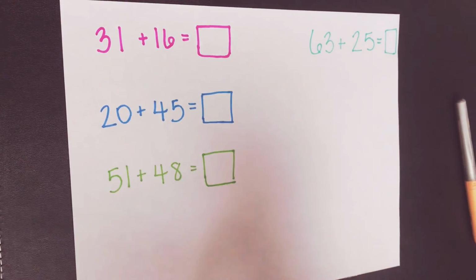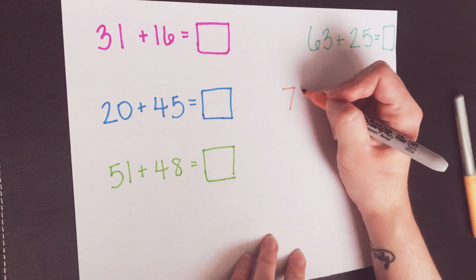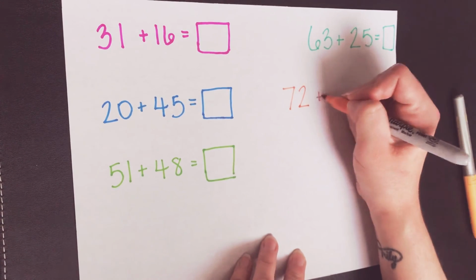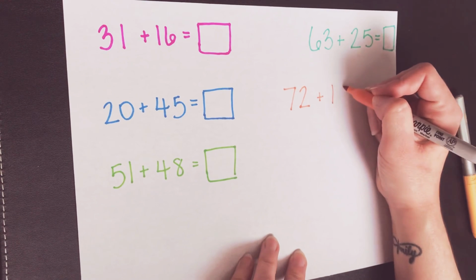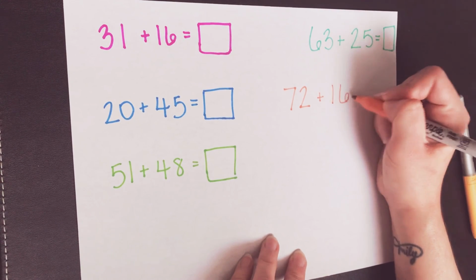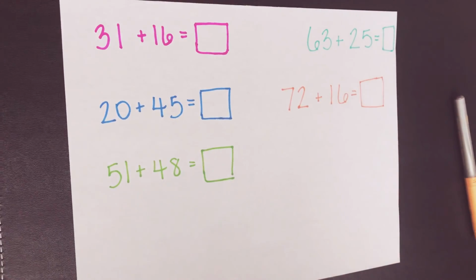And then we could do, I'll scoot this one over. 72 plus 16 equals something.